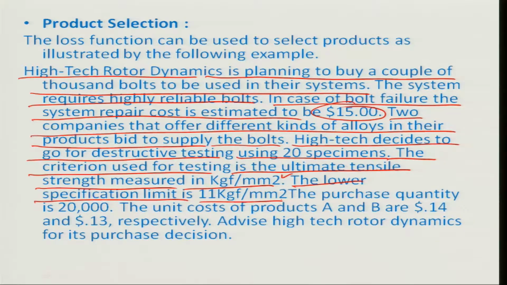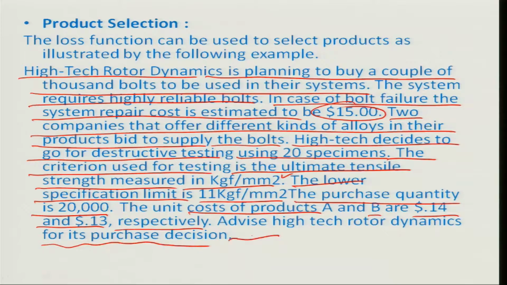Further, the purchase quantity is about 20,000 units of these bolts, and the unit costs of products from the two sources A and B are given as about 14 cents and 13 cents per bolt respectively. So you will have to make a management decision on what to use for the purchase, whether they would prefer bolt B or bolt A.